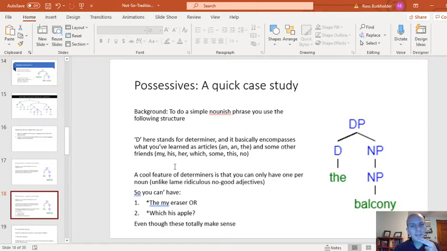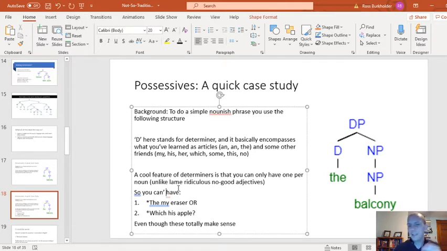Think about this list here that I've given you. You can't have more than one of them describing a single noun. So you can't have something like "the my eraser." Ugh, it just cringes.